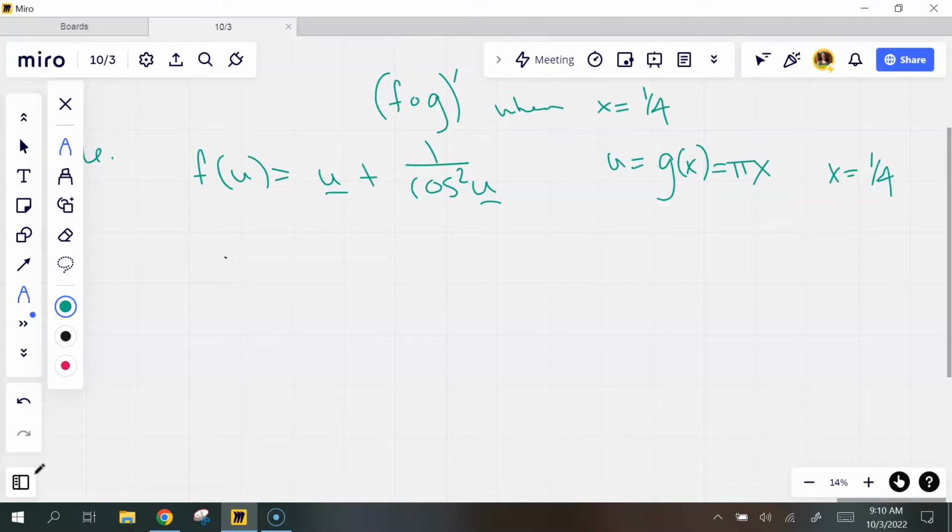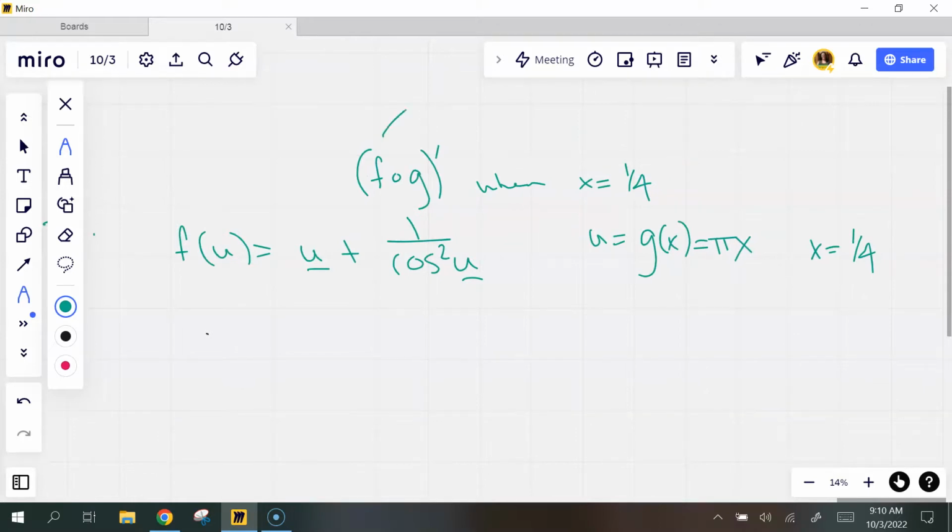That's just another way to write f of g of x. 1 plus... the derivative of u is 1.